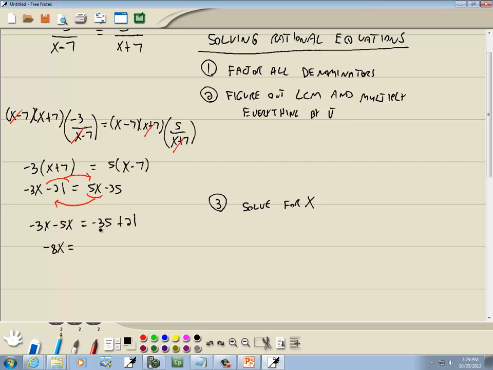And negative 35 plus 21 gives us negative 14. Divide both sides by the number in front of your x. So we'll divide both sides by negative 8. And these negative 8s cancel. Negative divided by negative is positive, and then 14/8 reduces to 7/4.